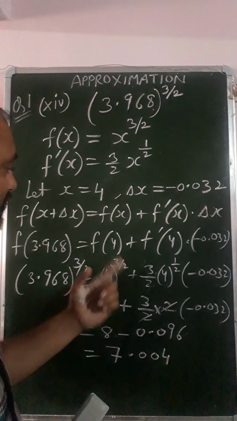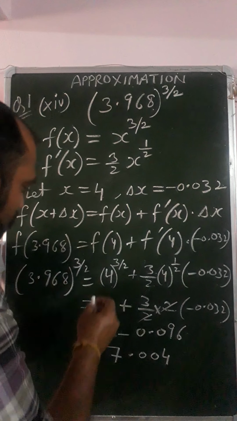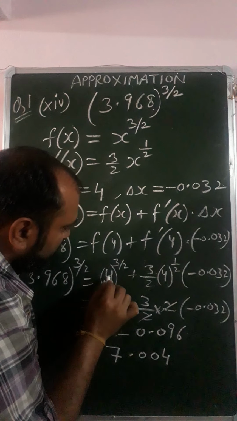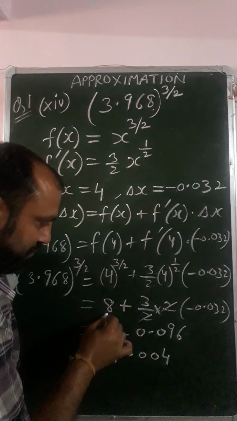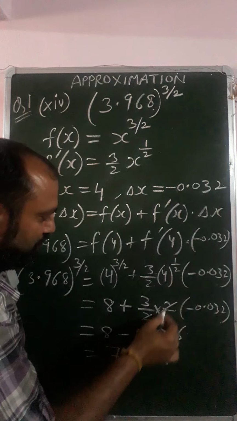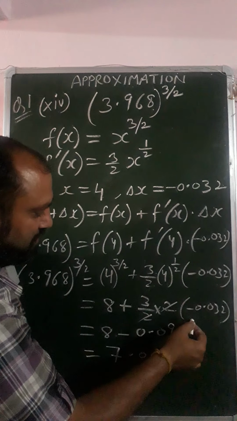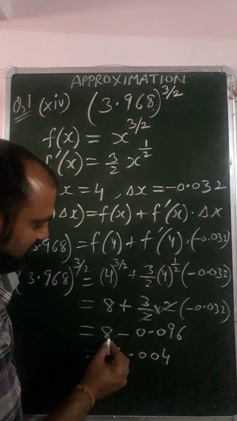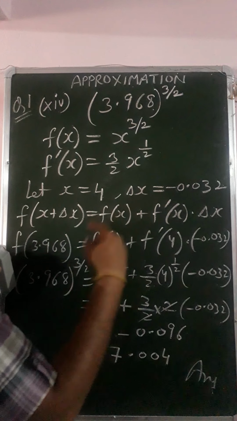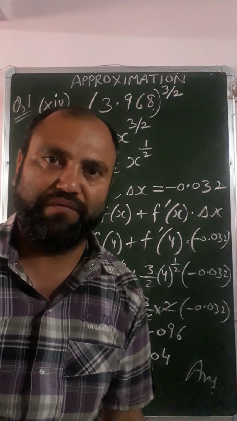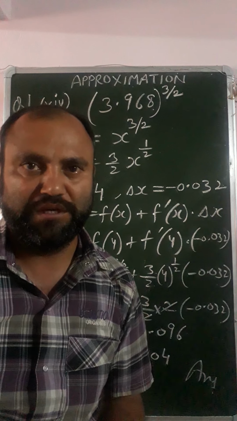As you know, 4 raised to power 3 by 2 is 8, and 4 raised to power 1 by 2 is 2, this 2 is cancelled out. When you simplify this, we have this result. So this is the right answer, the approximate value of 3.968 raised to power 3 by 2.